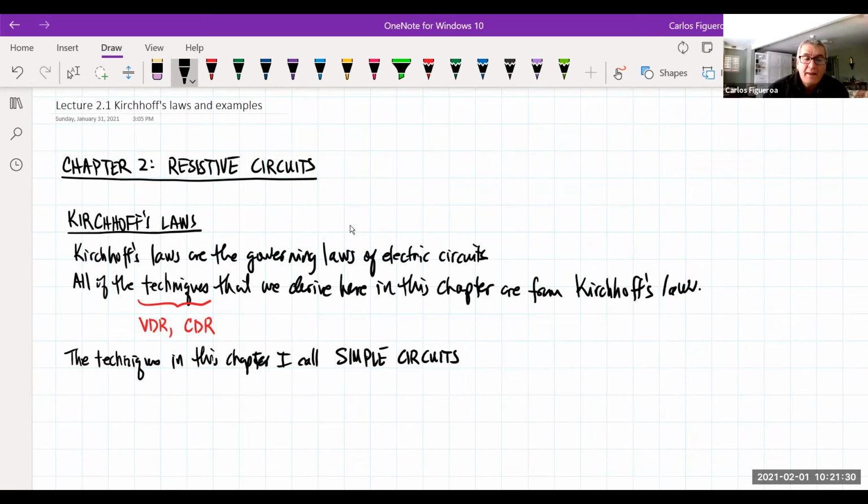What it really does when you use simple circuits is essentially identify what is in series and parallel, exactly what you learned in Physics 4B. Not really. You're going to see that this is on steroids. And remember, this is challenging. I expect you to be very challenged by what we're going to be doing here.